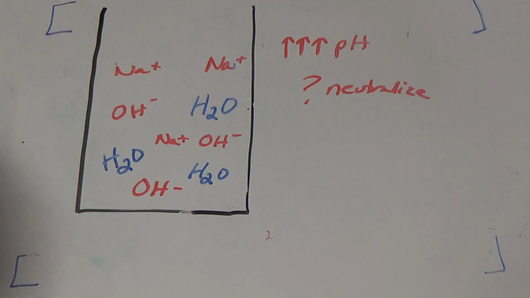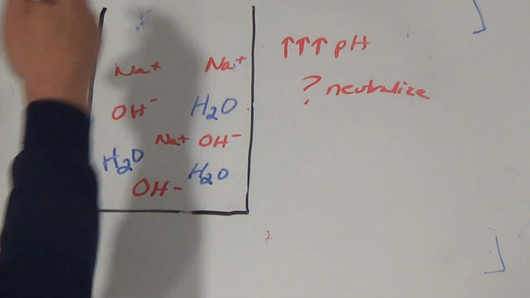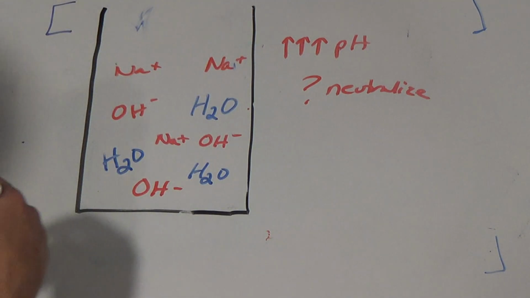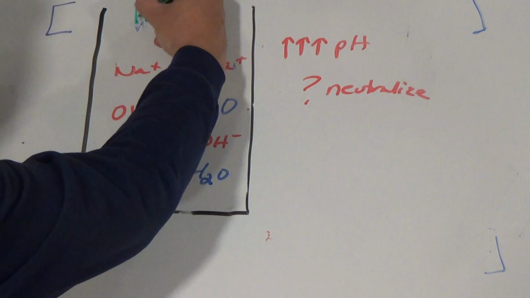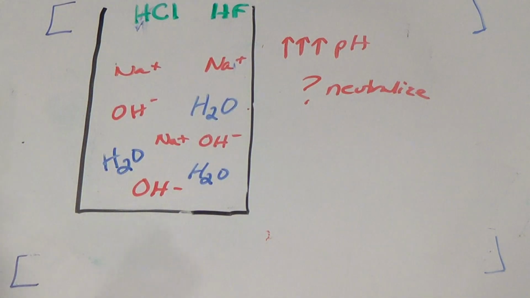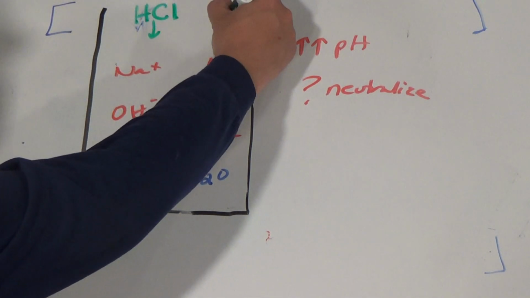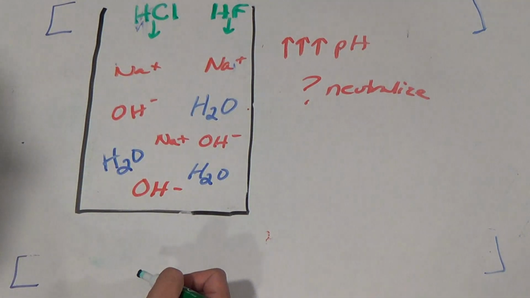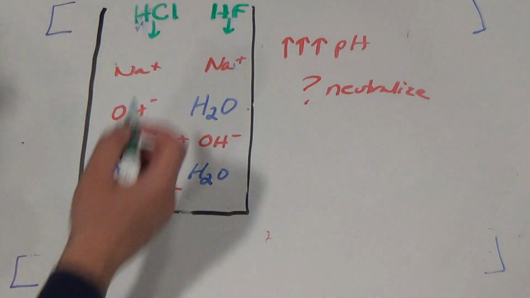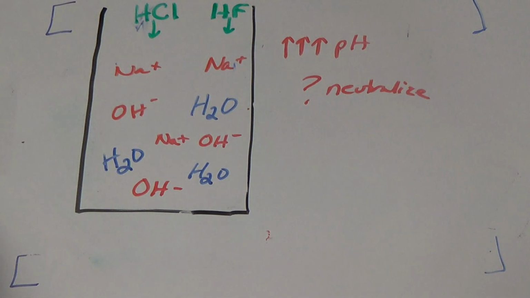If I want to get it to neutralize, what should I add? Should I add something that does dissociate? Let's do the acid. Or one that doesn't. Based off what I said before, what happens when I drop this in, and what happens when I drop this in? Take a look at what you're working with.